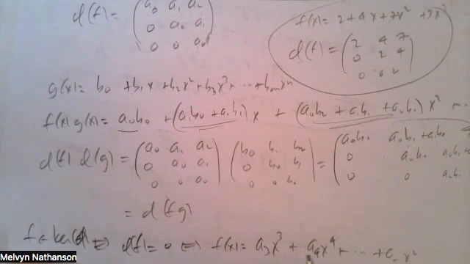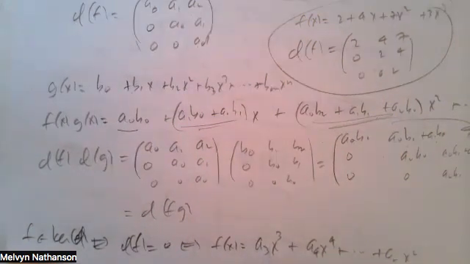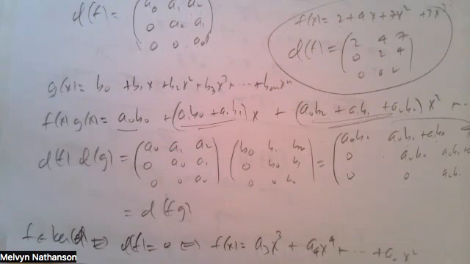It's all polynomials for which the constant, linear, and quadratic terms are 0. And the set of all such polynomials does form an ideal. So that's an interesting example of a ring homomorphism.